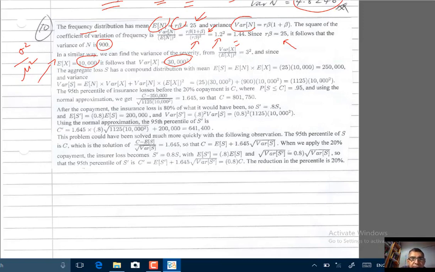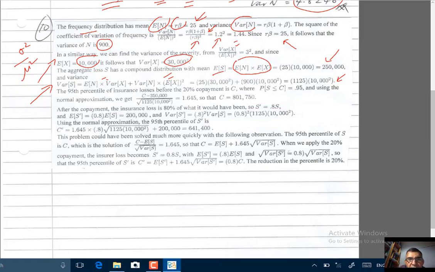Let's go through the lines. The aggregate loss S has a compound distribution with mean, this one here we know, expected value of N times expected value of X. It will be 250,000, the expected value of S. The variance also we can get using the formula that we are pretty used to by now. Plug in all the numbers, you will get this number here.